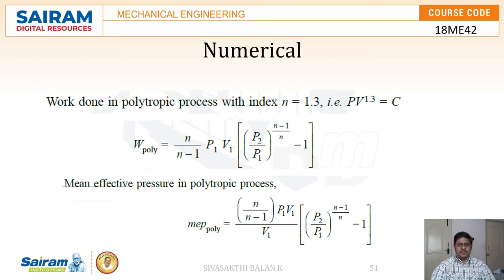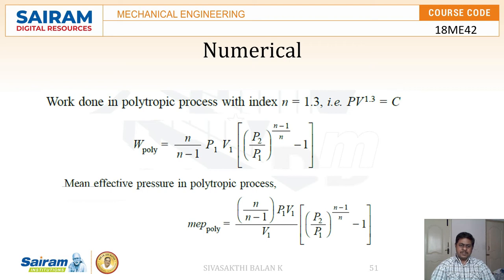Let us consider the polytropic process with the same procedure. For the polytropic process we know that the work done is equal to n divided by n minus 1 into P1 V1 multiplied by P2 by P1 to the power n minus 1 by n, minus 1, and replace all the given values here. Moreover we need to calculate the mean effective pressure for this condition. The mean effective pressure definition says work done divided by swept volume, or in mathematical relation, W polytropic divided by V1.